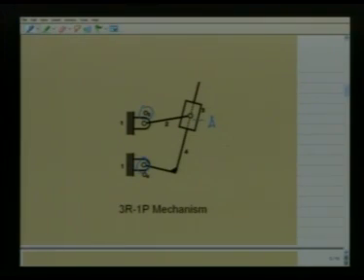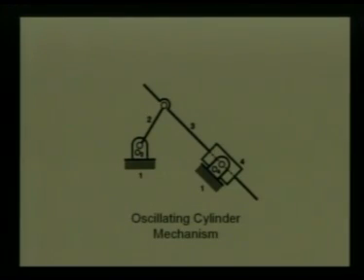Here again we have three kinematic dimensions, namely O2O4, that is the fixed link length, O2A, that may be the crank length, and the distance of this line of reciprocation from these fixed hinges. Such a mechanism with this offset E equal to 0 is used in a quick return mechanism that is used in a shaper. We consider again yet another kinematic inversion of the same 3R1P chain.